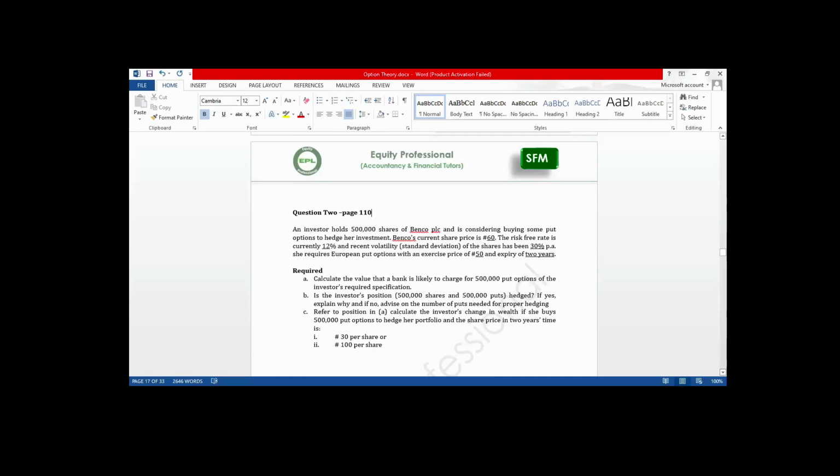We have an investor who has 500,000 shares of a company called Benko PSC, and is considering buying some put options to hedge the investment.